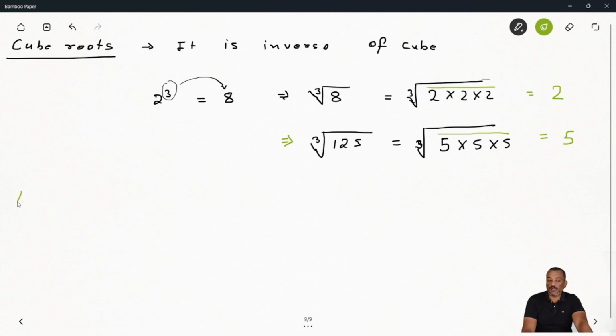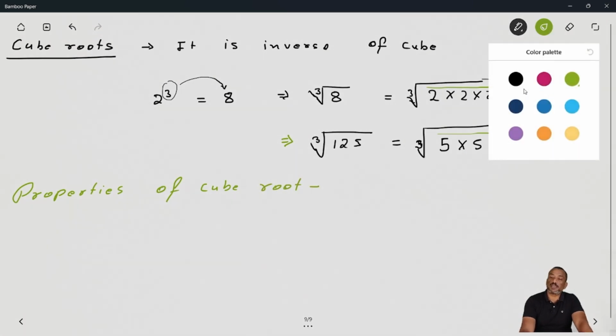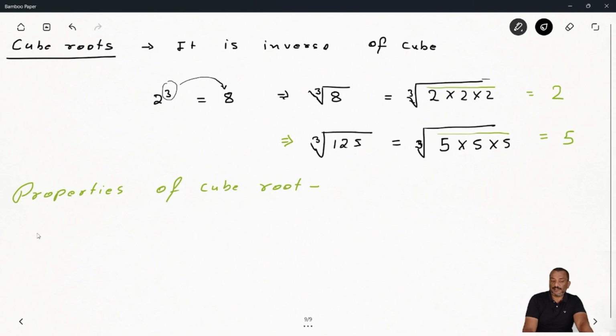Before that, we have to understand the properties of cube roots. Its properties are similar to the square root properties. First, if you have cube root of a times b, with index 3, you can also break it into cube root of a times cube root of b.